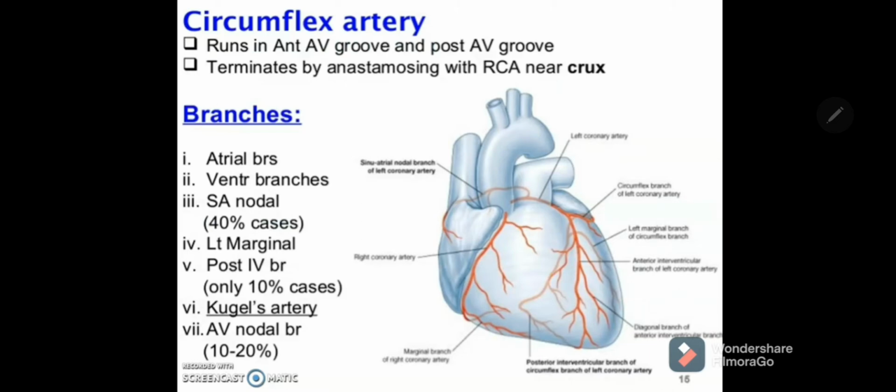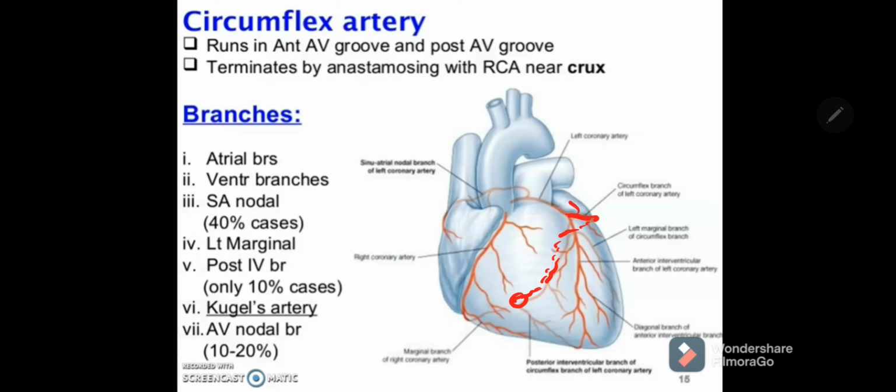Then coming to the circumflex artery, after taking origin from the left coronary artery, it runs in the anterior atrioventricular sulcus, then winds around the left border and runs in the posterior AV sulcus or the coronary sulcus. Then it anastomoses with the right coronary artery.